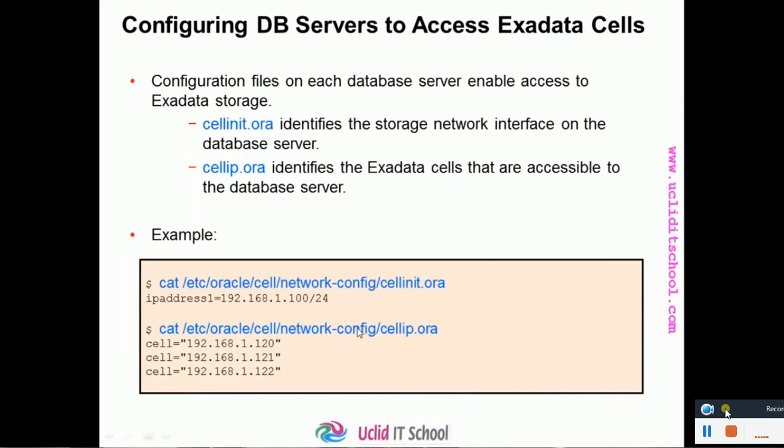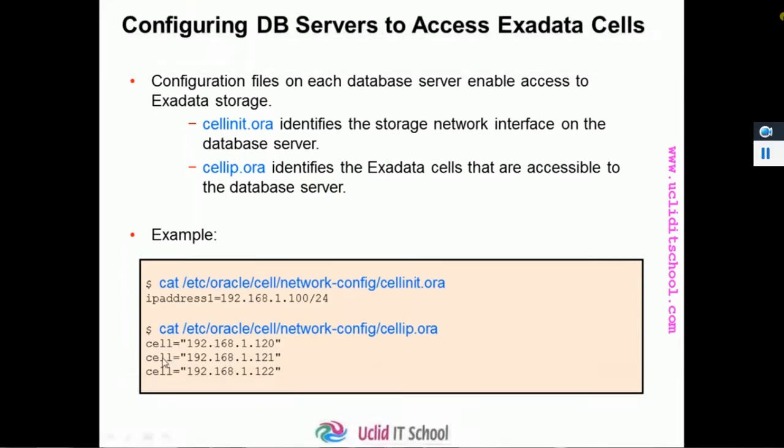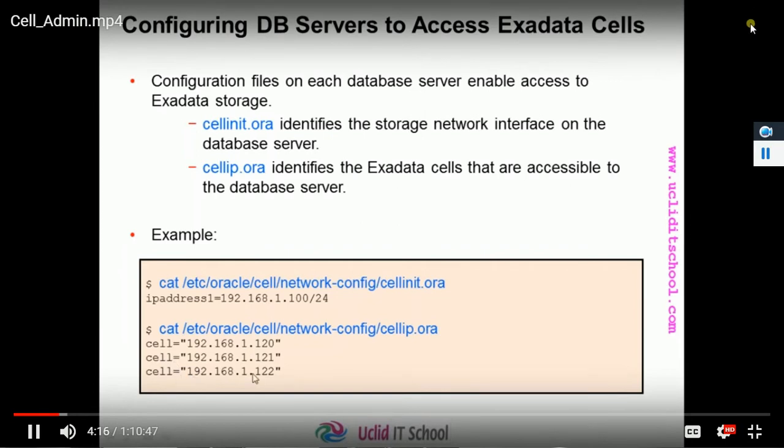Then the second file, cellip.ora, contains the IP of every cell in the configuration in this format: one line per cell, cell equal to the IP address of the cell. For every cell, you have to mention this.